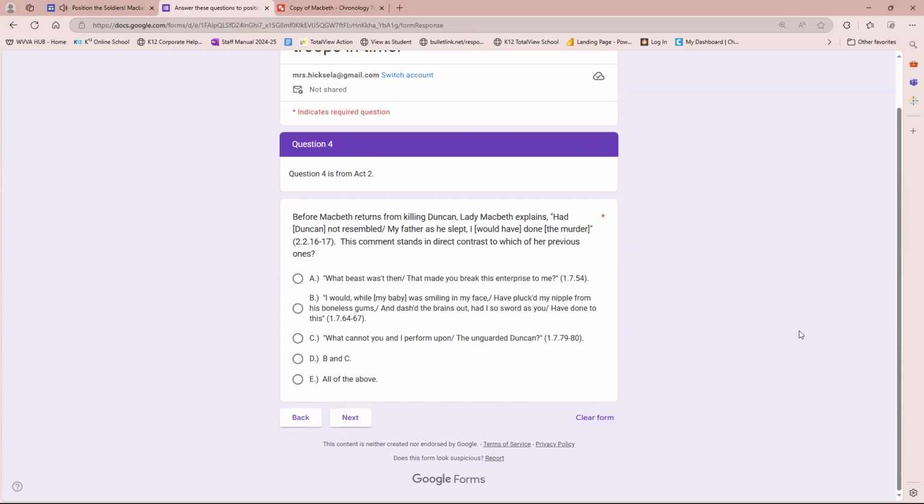Before Macbeth returns from killing Duncan, Lady Macbeth explains, "Had Duncan not resembled my father as he slept, I would have done the murder." This comment stands in direct contrast to which one did she say before?